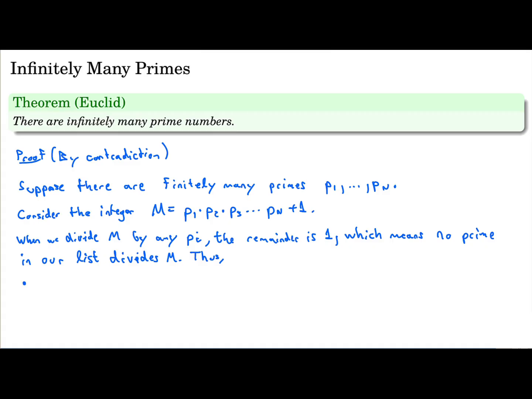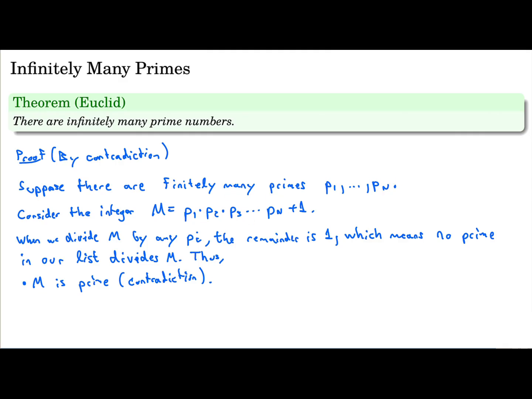Either M is prime, but that's a contradiction. Because if M is prime, it should be on this list, and it's not on this list because we constructed it to be different from everyone on this list. Every number here is different from this number here. So this is a contradiction.